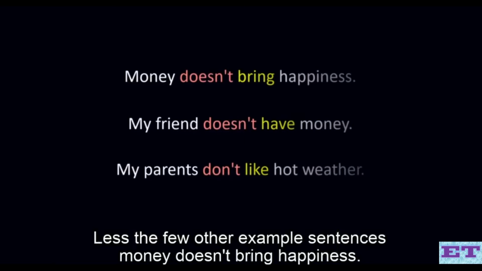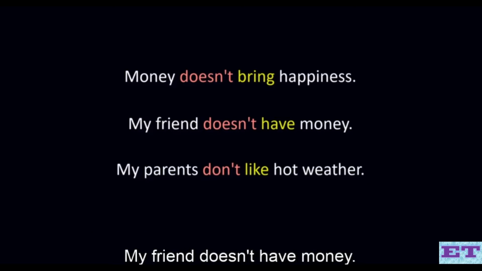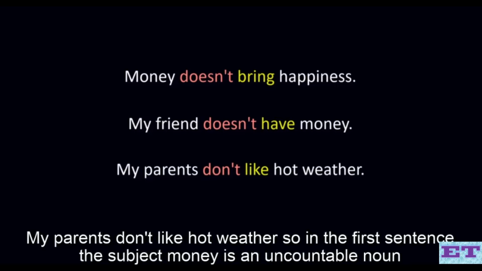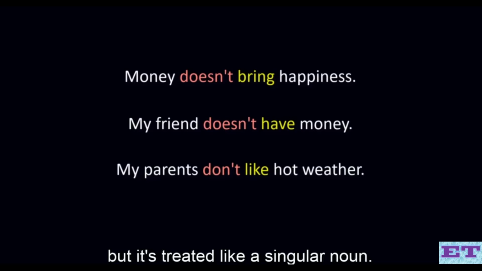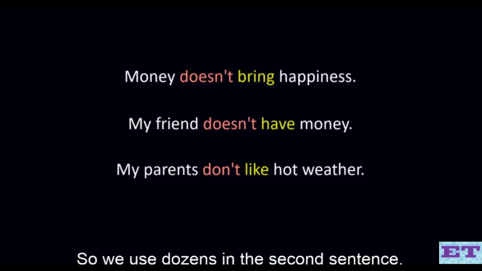Let's look at a few other example sentences. Money doesn't bring happiness. My friend doesn't have money. My parents don't like hot weather. So in the first sentence, the subject money is an uncountable noun, but it's treated like a singular noun, so we use doesn't.